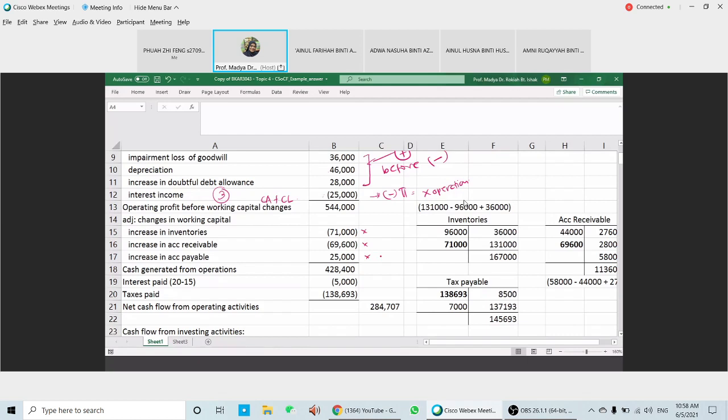If you look here, your inventory has an increase by 35, isn't it? By 35, right? Where do you get 35? Any idea on how you arrive at that figure, 71? You look at your inventory.